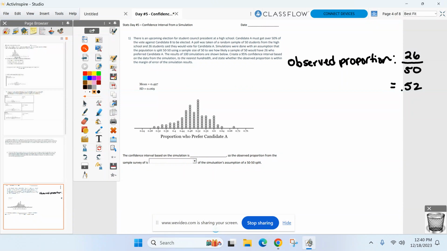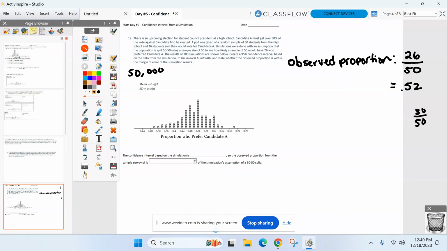Let me do that quick math for you. That's 50,000 students we've sampled, which gives us a pretty good deal. So we went out and did 50. Let's say, don't write this down, the 50 came back as 30 out of 50.